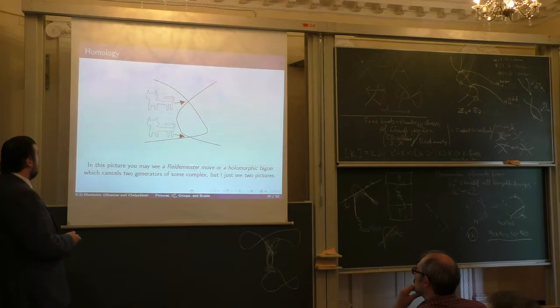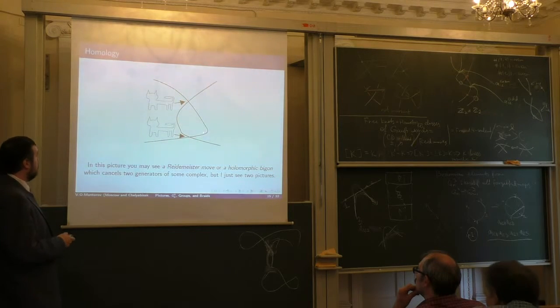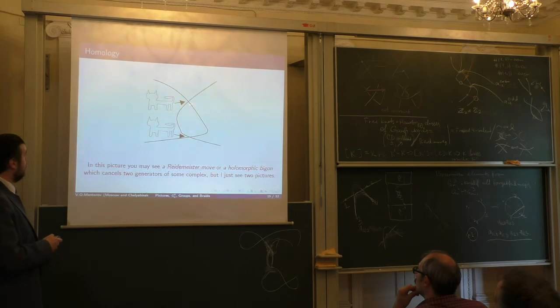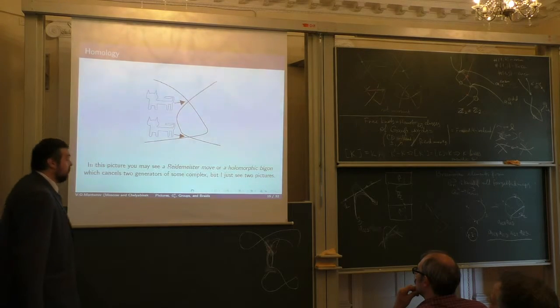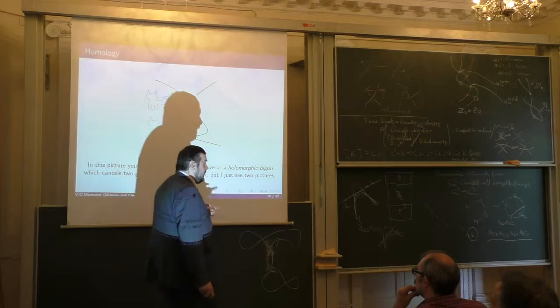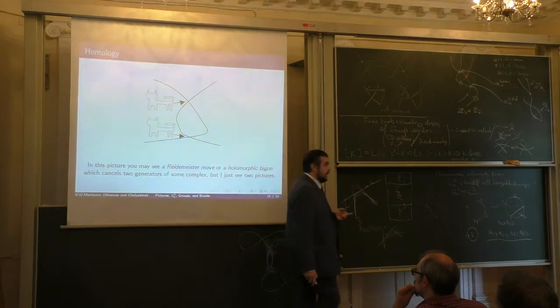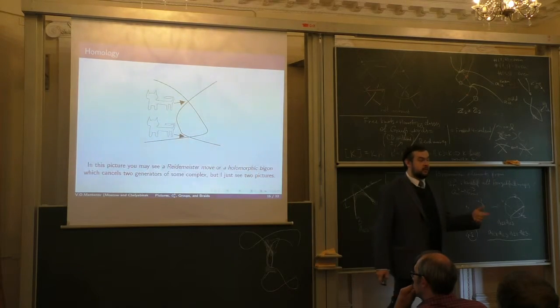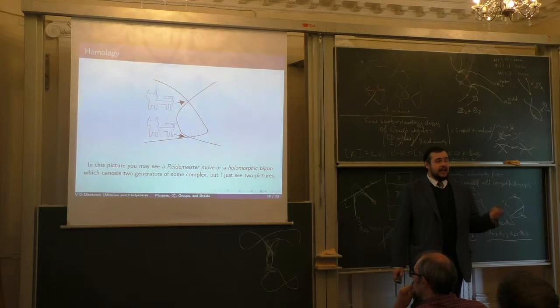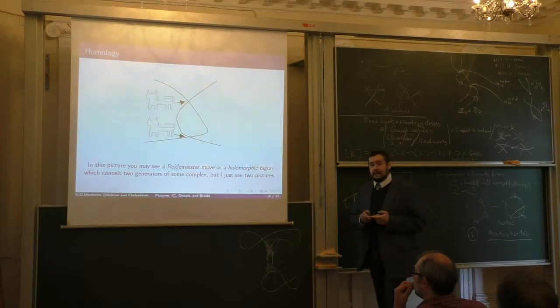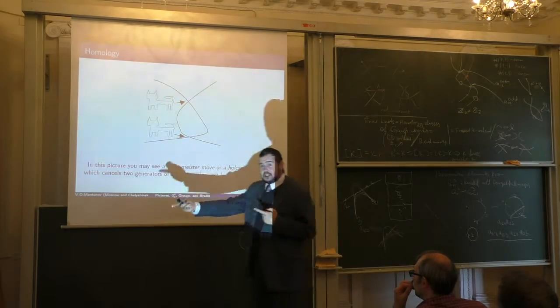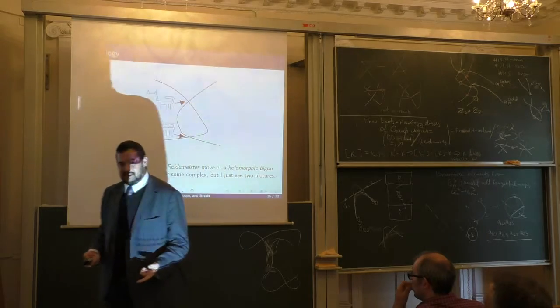Well, you know, many people, when they look at a second Reidemeister move, can say, okay, these two crossings can be cancelled because they have the same homotopical information. These two chains in the Heegaard Floer or Khovanov complex can be cancelled by a differential because they have the same gradient.